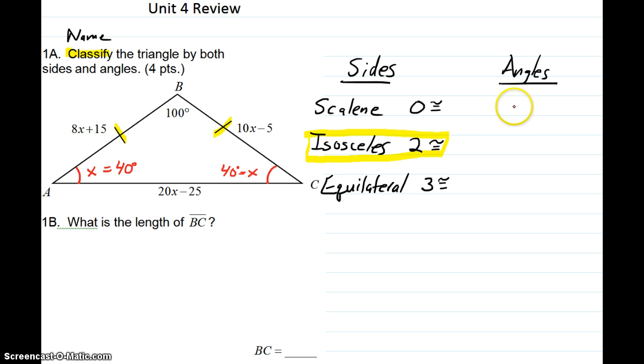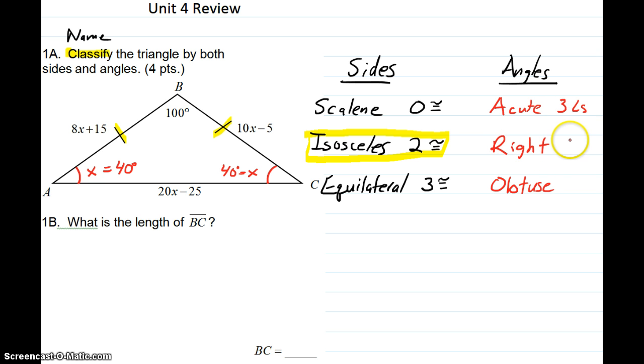So when we name it by angles, we have 3 possibilities. We have acute, we have right, and we have obtuse. So when it's acute, we have 3 angles that are less than 90.